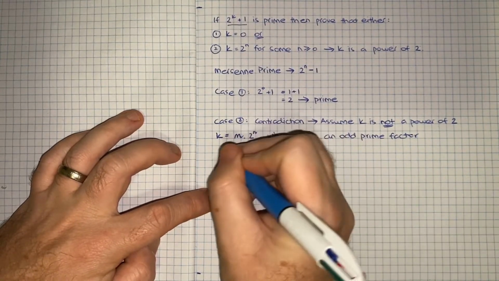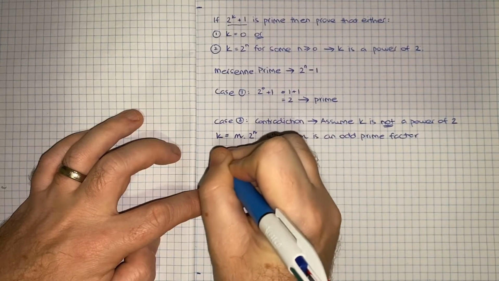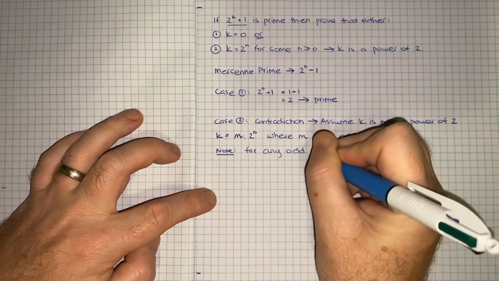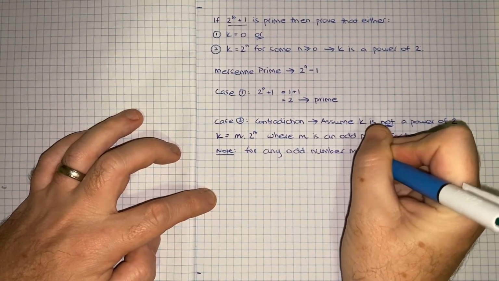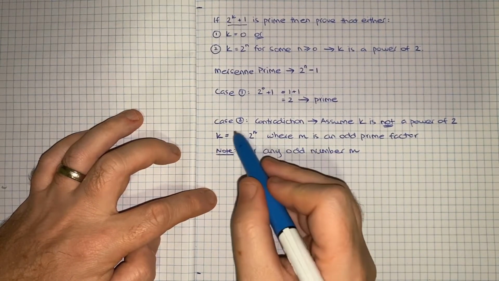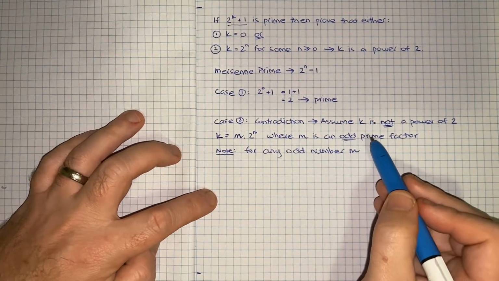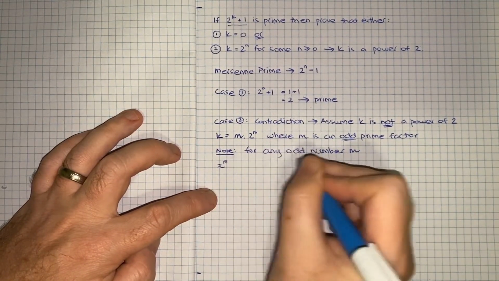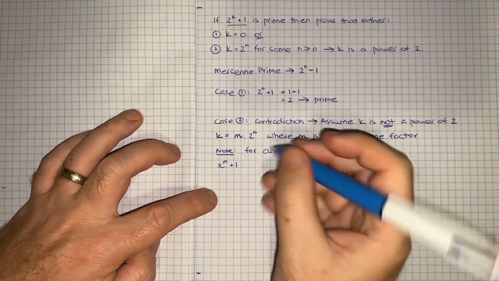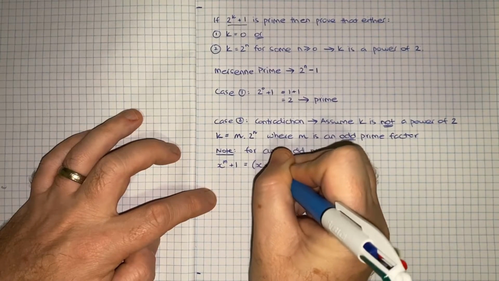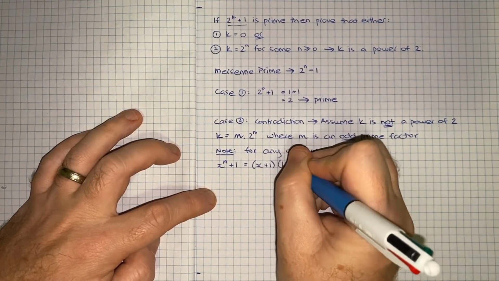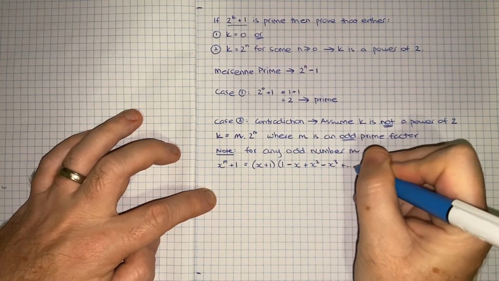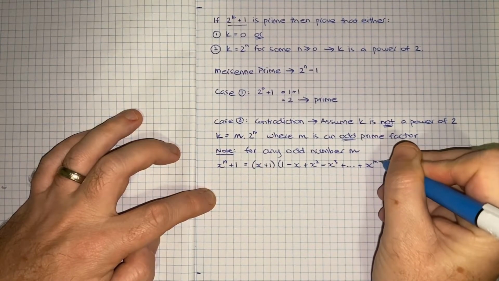So what I'll do is note, as a little side note here, that for any odd number m, and this is going to be relevant because we're dealing with m being an odd number, it's possible to say that x to the power of m plus 1, so some number to the power of this odd number plus 1, can be written as x plus 1 times 1 minus x plus x squared minus x cubed plus, and so on, up to x to the m minus 1.